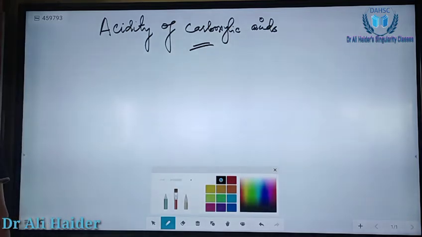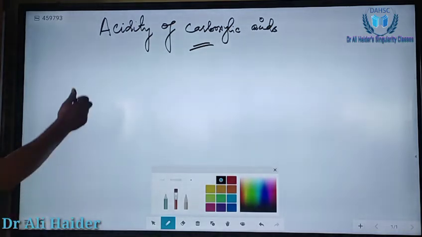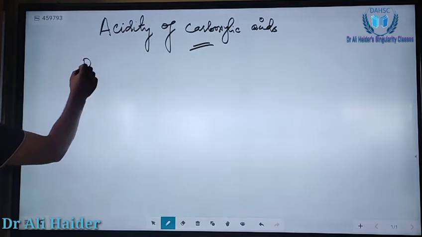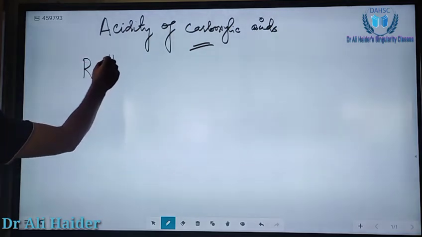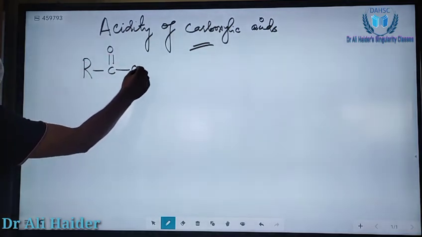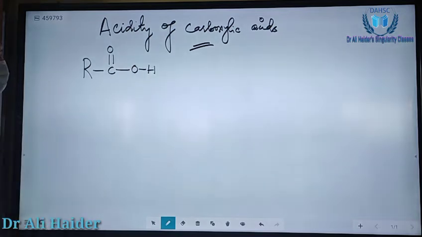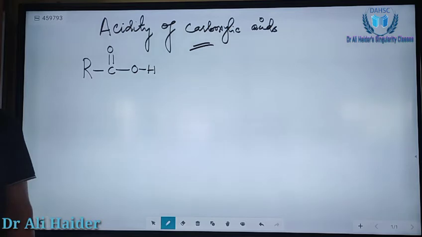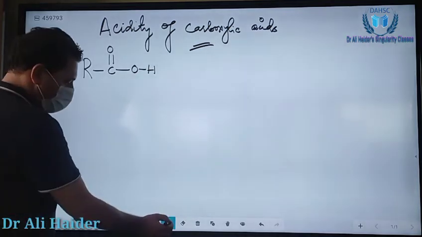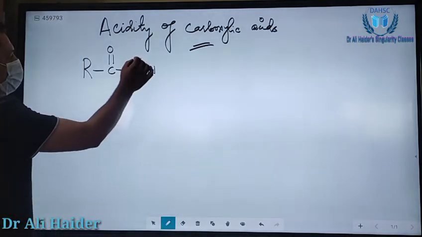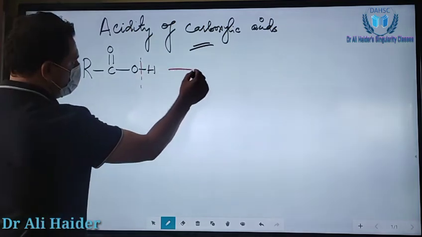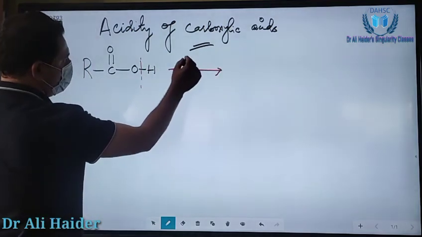Fine. Any substance, if it is capable of donating H plus ion, we say that it is an acid, right? Likewise, if we talk about carboxylic acids, that is RC double bond O, OH. Here in case of this RCOOH, we have an OH bond. Now, what is the possibility here if we treat this carboxylic acid with water?